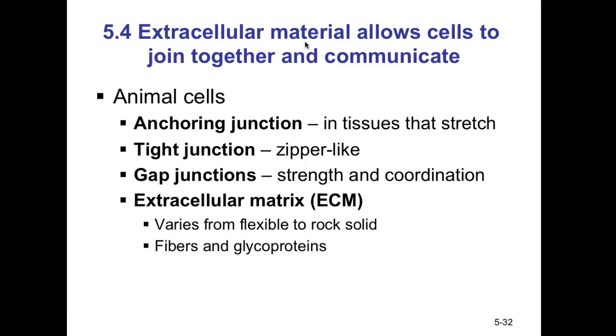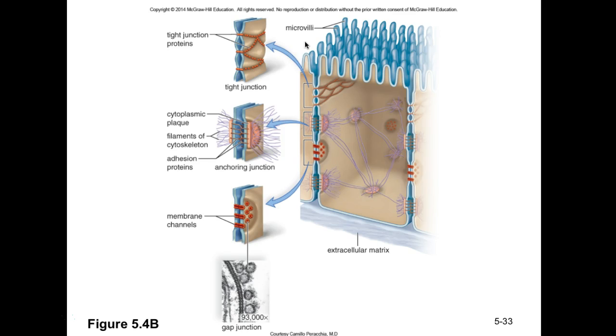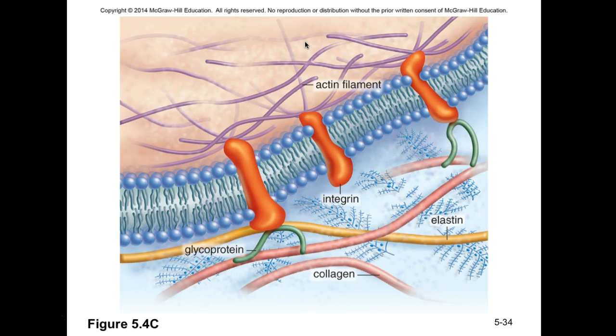You have tight junctions, which are zipper-like and are going to fasten close to not allow any leakage. Gap junctions are going to be used for strength and coordination. And you also have that extracellular matrix. It varies from very flexible to very rock solid. Its composition includes fibers and glycoproteins. And there you could see examples of animal cells and their extracellular matrix.